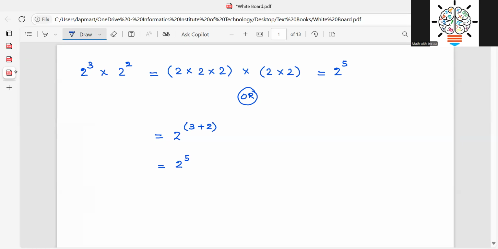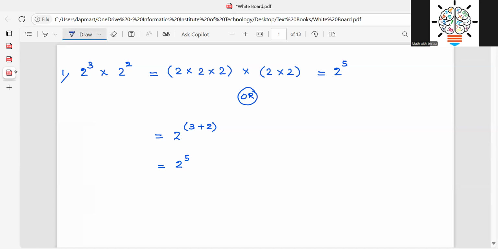Without writing this much, if you come across multiplication with the same base value, that should be the condition, children, to add the indices like this, you should have the same base value.